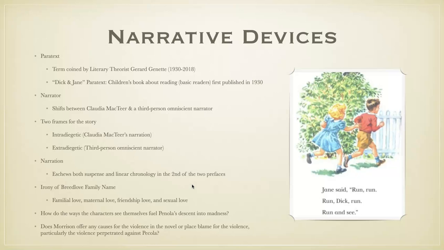The narrator here reveals Pecola's rape, the death of her child, and the identity of her rapist right here for us. And this is an unusual strategy where she places all of the novel's major sources of conflict here at the beginning.